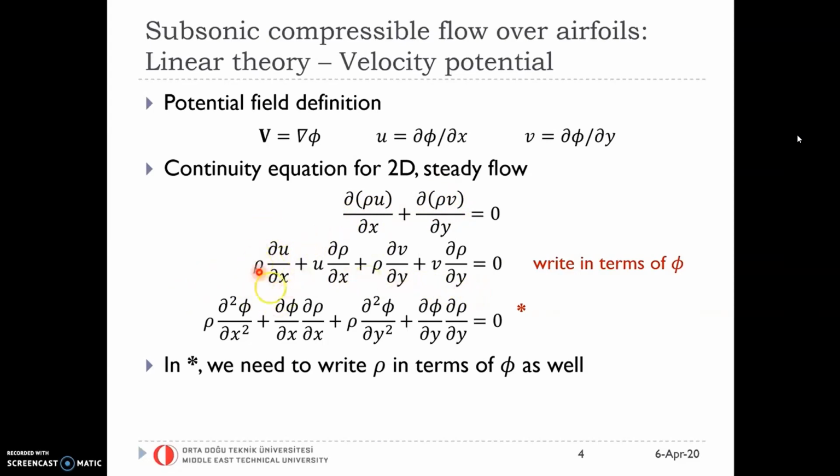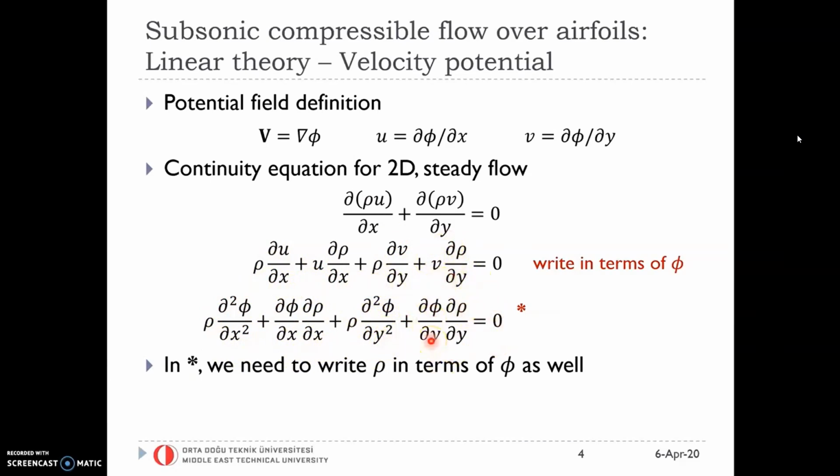Now if you start writing down all of the terms in terms of velocity potential, the first one, du over dx, will be d squared phi over dx squared, the second derivative of phi with respect to x, and u here is d phi over dx. dv over dy will likewise be d squared phi over dy squared, and instead of v I have d phi over dy.